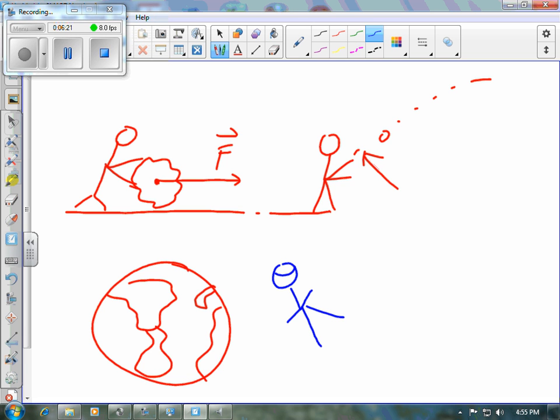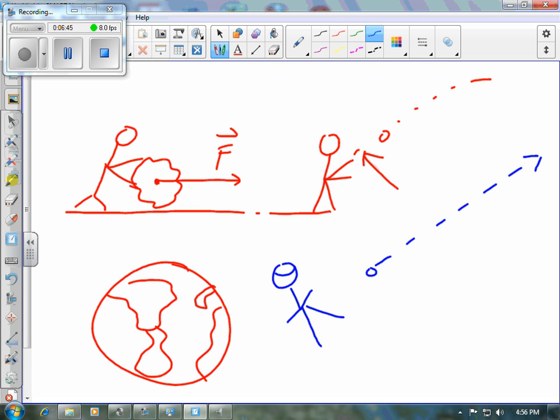And he's floating in space, and he throws a rock. That rock will continue going forever, right? He throws the rock, it's going to go forever because there's no other force acting on it.